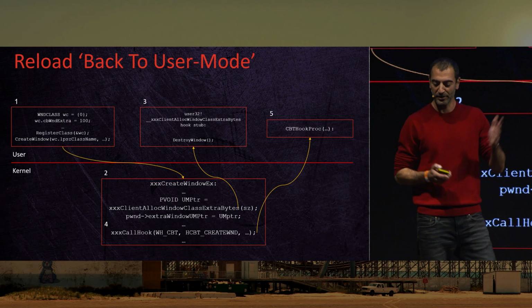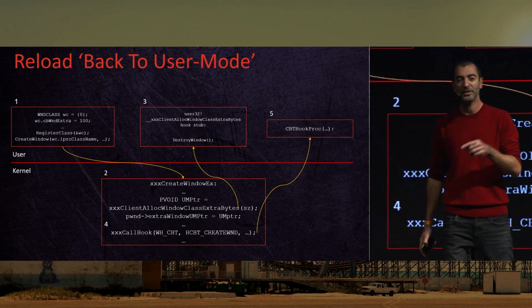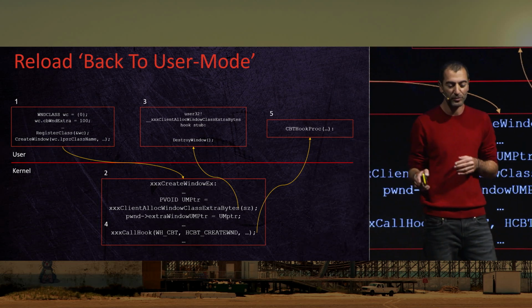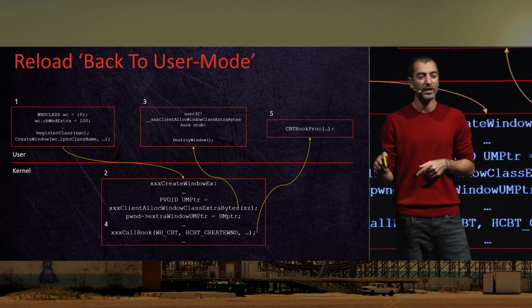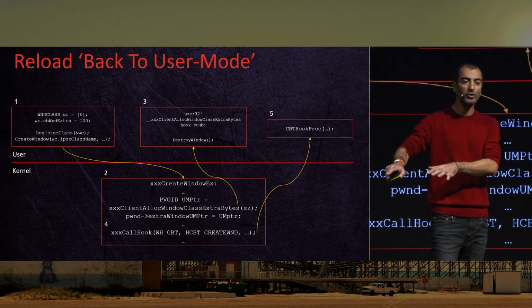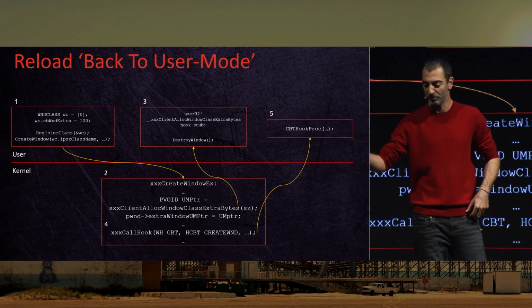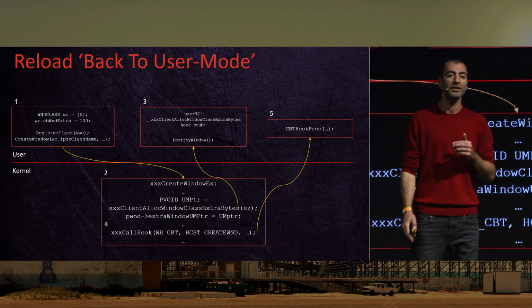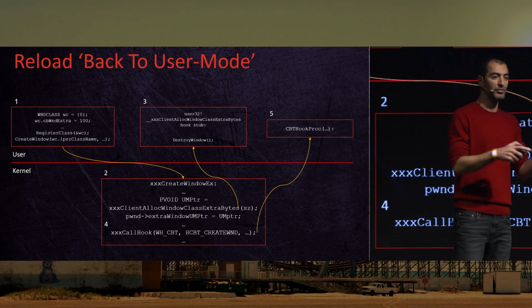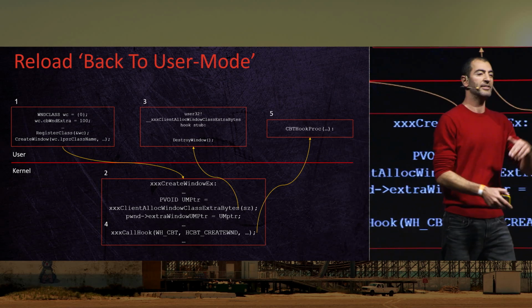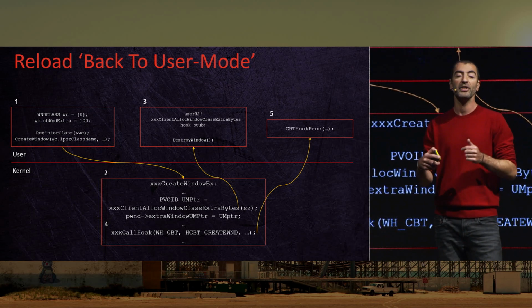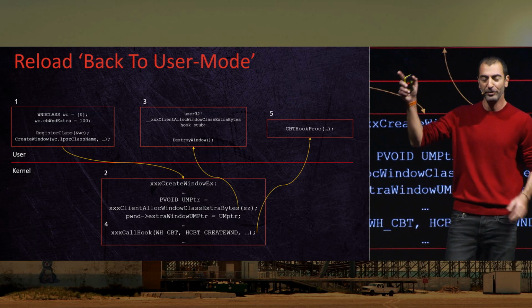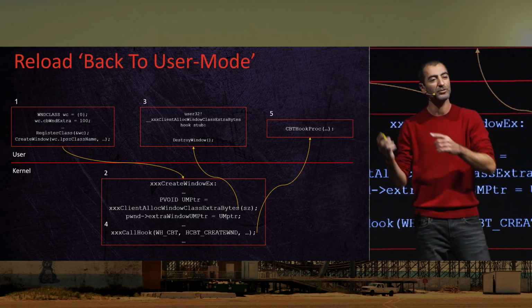Any ideas? Okay, so let me reiterate why I'm doing what I'm doing. Once we manage to do this crazy side effect reloading, when the last reference goes from 1 to 0, at the thread unlock it will see, oh, I need to free something in user mode, so let's call back to user mode.